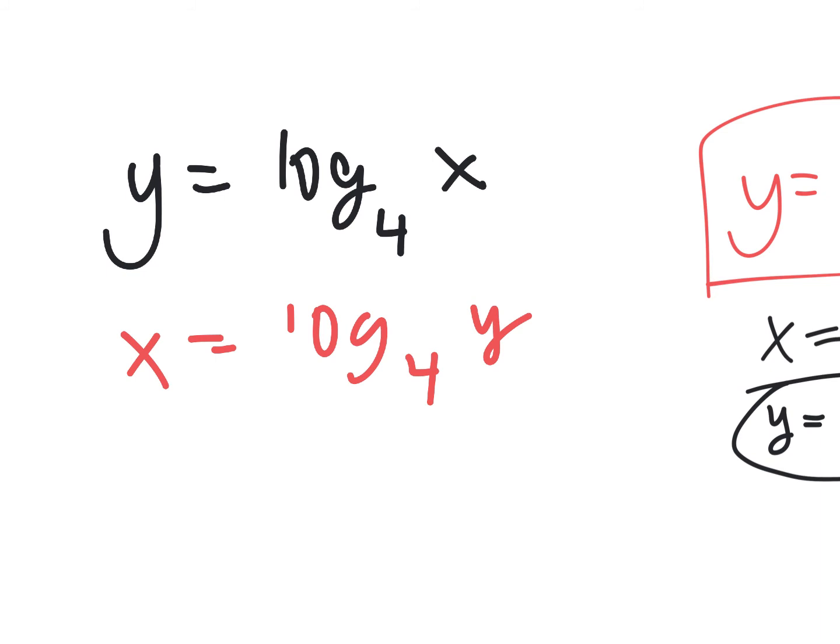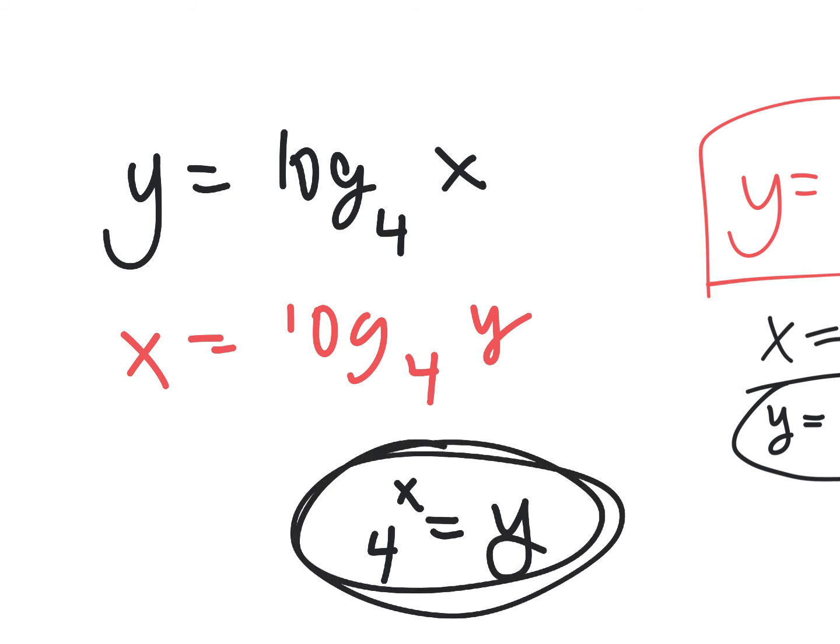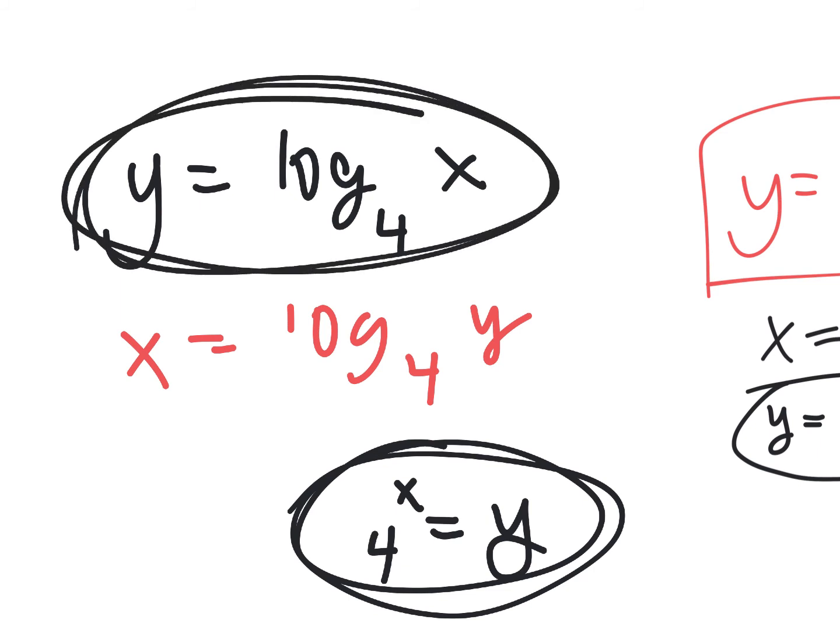How do you solve that? Usually, if it has a log in it, you want to get the log out of it. So let's get the log out, and then it would be 4 to the x equals y. And I solved it for y. Yay. That is the inverse of that, because here I flip-flopped my x and my y, and then I solved. So these two are inverses.